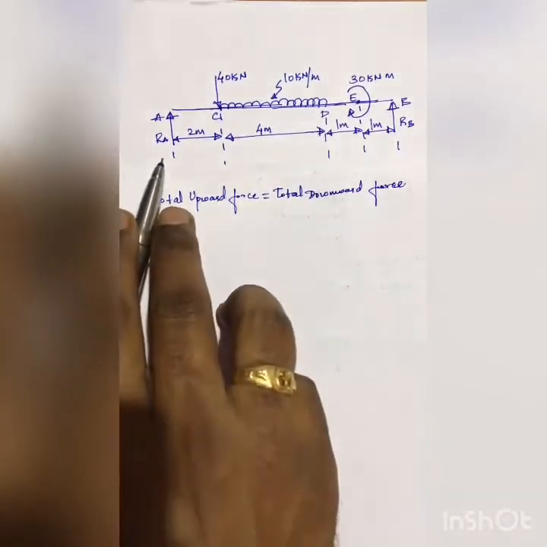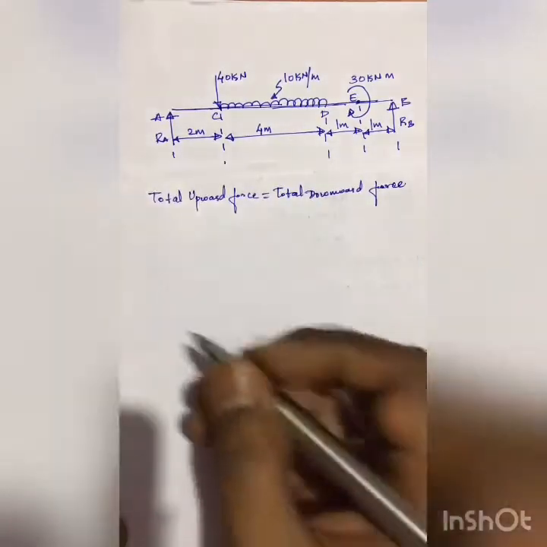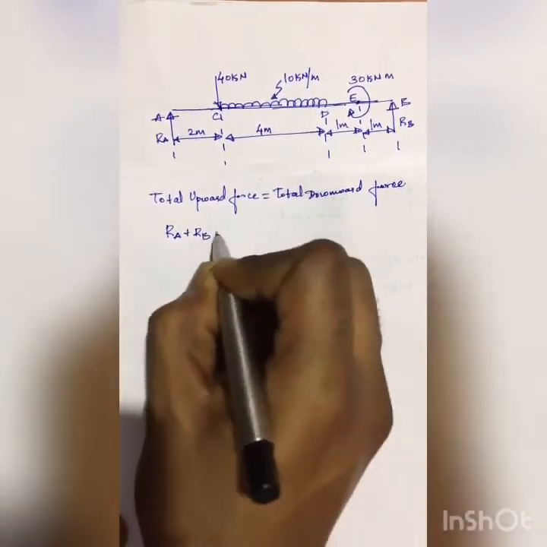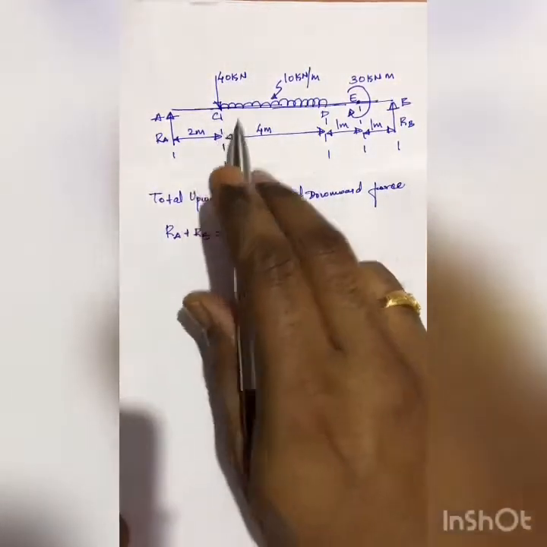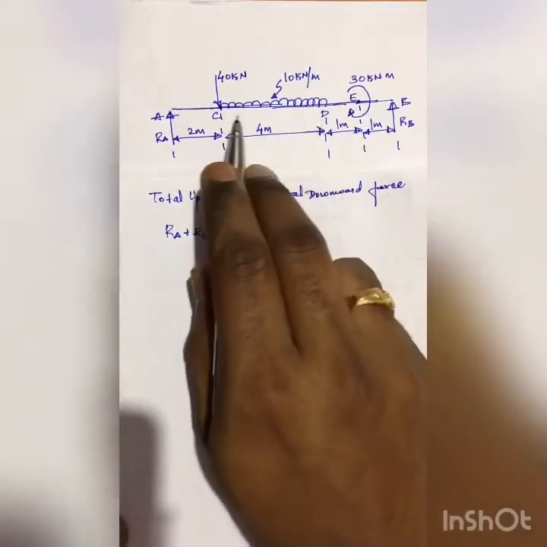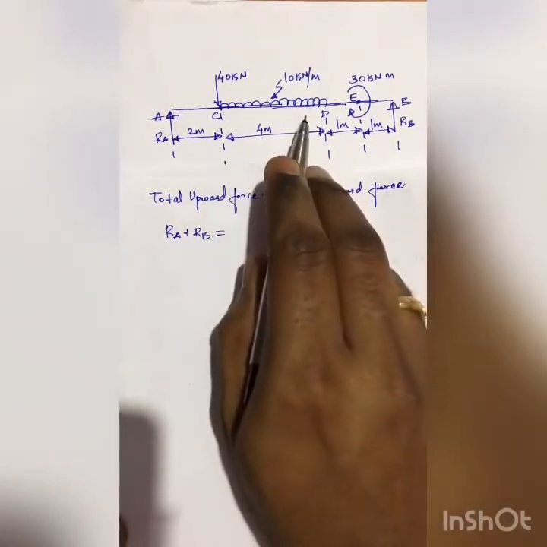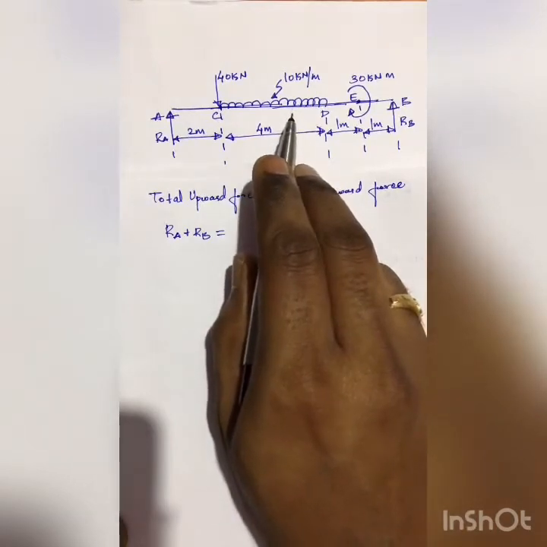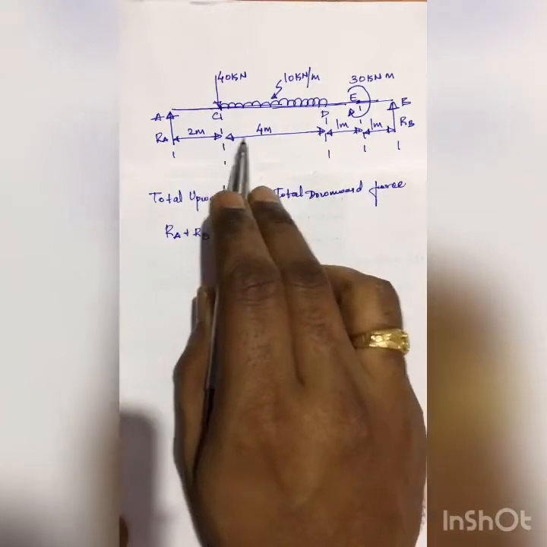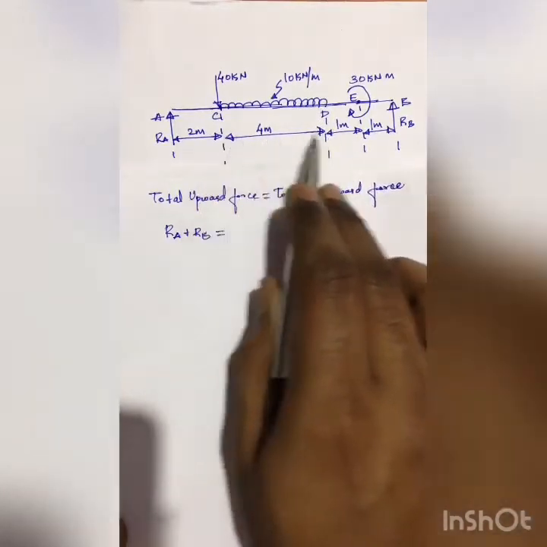Now the total upward force acting here is due to RA and RB, that is RA plus RB, which is equal to the total downward force. We have two downward acting forces here, one is this point load and another is this UDL, whose load intensity we need to convert into the equivalent load by multiplying the intensity by the length over which the UDL is acting.